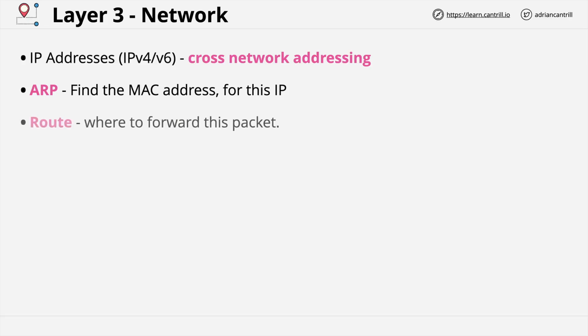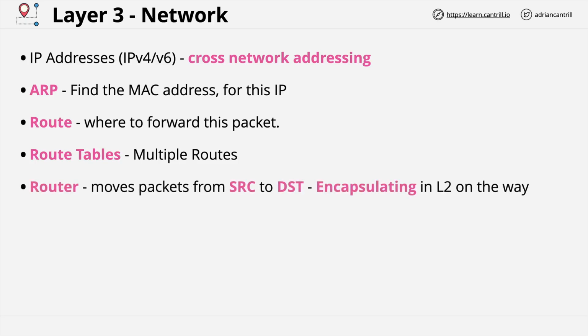Layer 3 adds routes, which define where to forward a packet to, and it adds route tables, which contain multiple routes. It adds the concept of a device called a router, which moves packets from source to destination, encapsulating these packets in different layer 2 frames along the way.